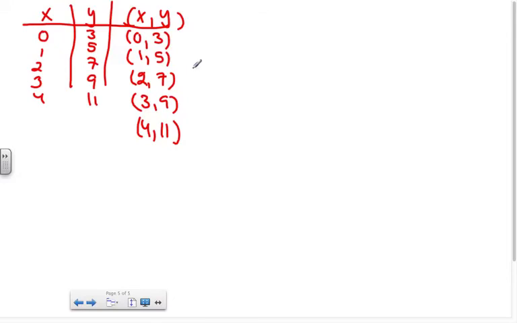So now that we have our table of values, we need to sketch. We need to make the graph. Alright, so let's draw the graph out. We draw our x and y axes.